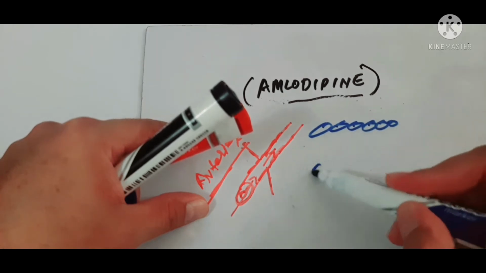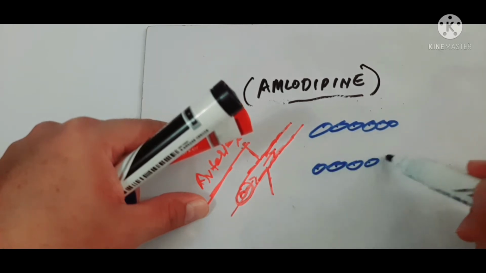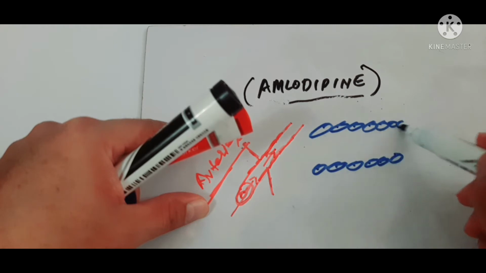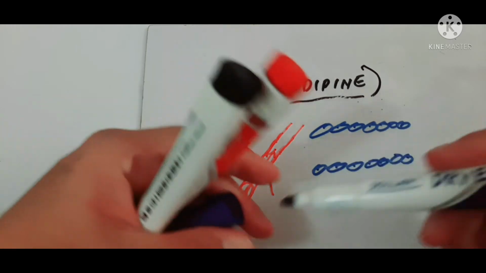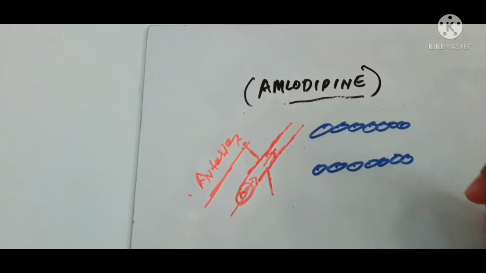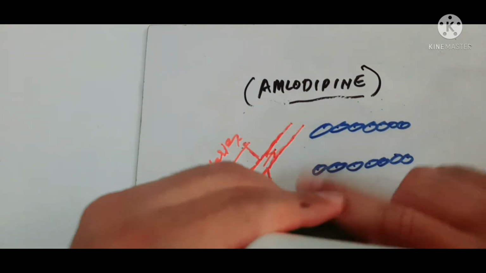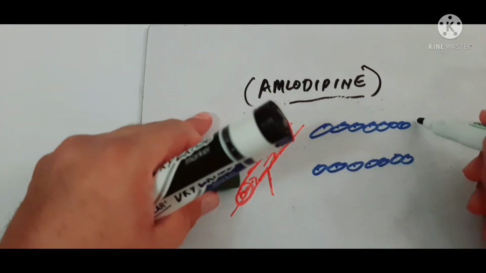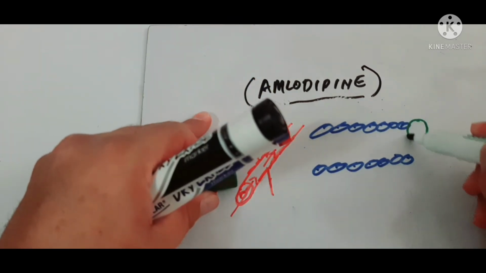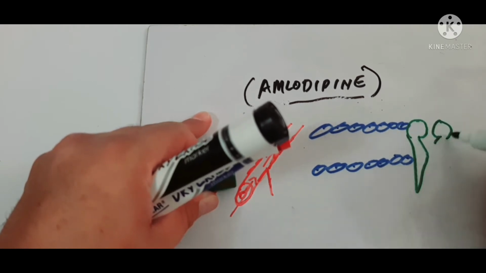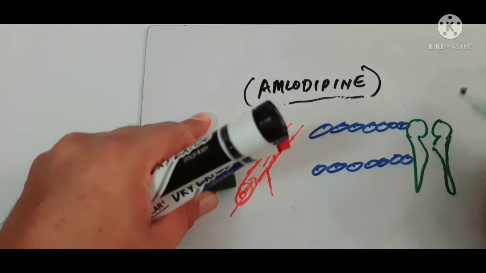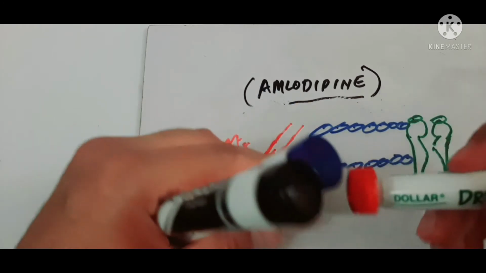These are the cell membranes, and inside the cell membrane there is a channel, make it green, somewhat like this. There are different units here, the alpha subunit and beta subunits.